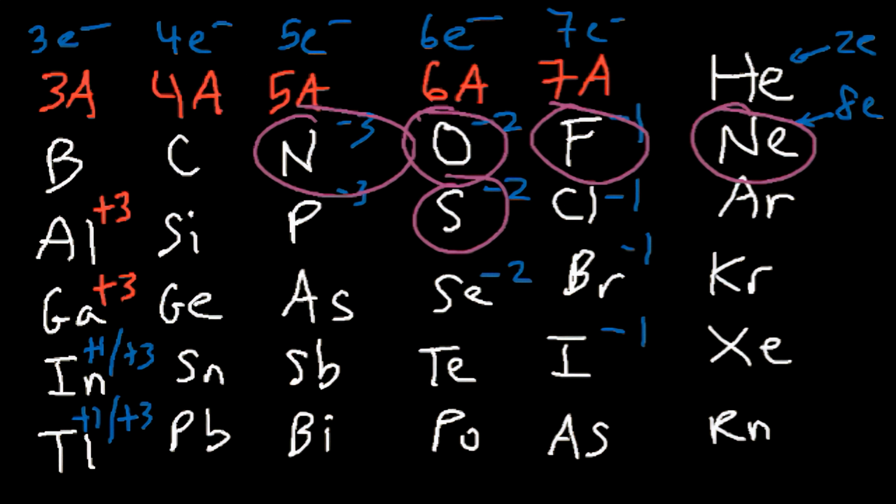So in this case, oxygen and sulfur are chemically similar because they're both chalcogens. They're in the same column. Fluorine and chlorine are also chemically similar to each other. They're both halogens. They have the same number of valence electrons, and so their chemical reactivity is similar.